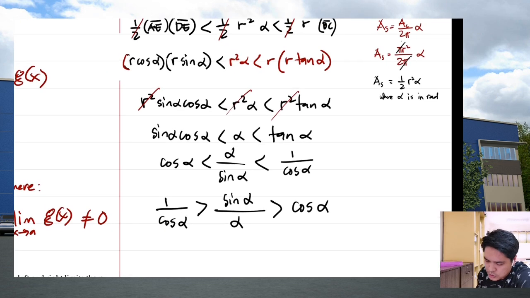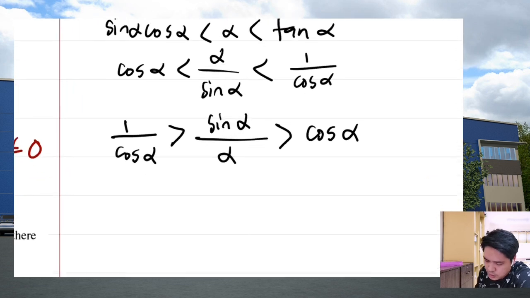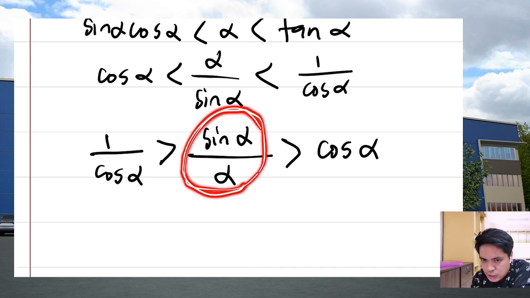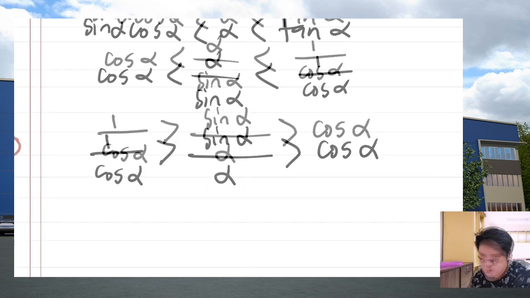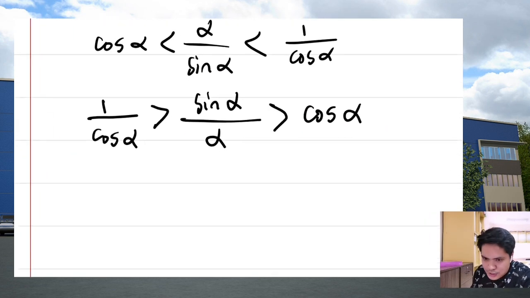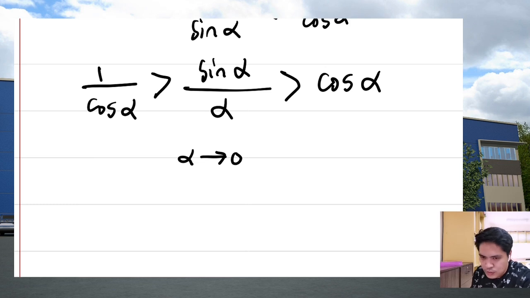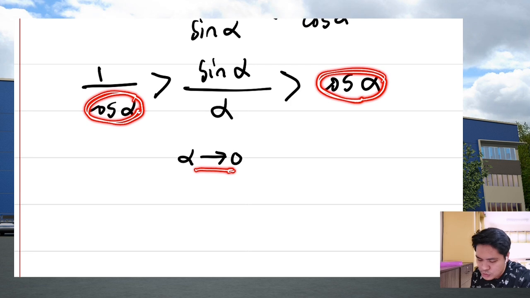Ayun. So, notice this. Ito. 1 over cosine alpha is greater than sine alpha over alpha is greater than cosine alpha. Now, what happens if we let alpha approach 0? We know that cosine of 0 is 1, diba? So, as alpha approaches 0, cosine alpha approaches 1, diba? And this also approaches 1.